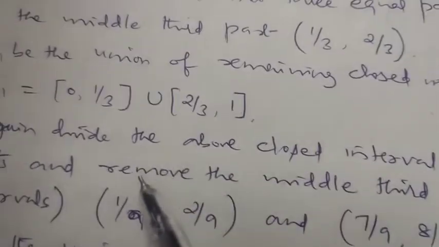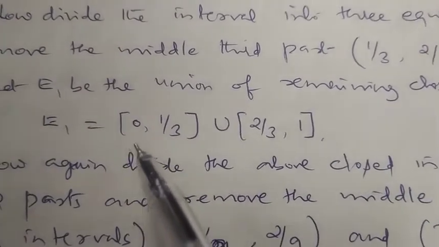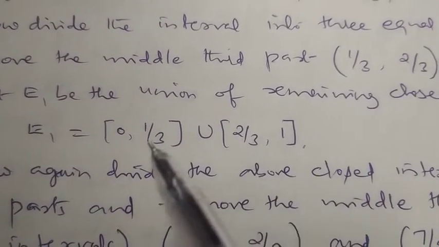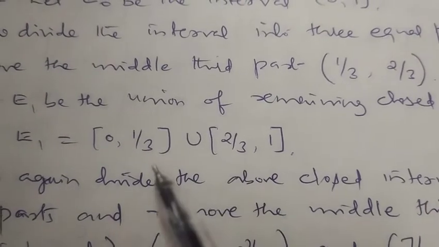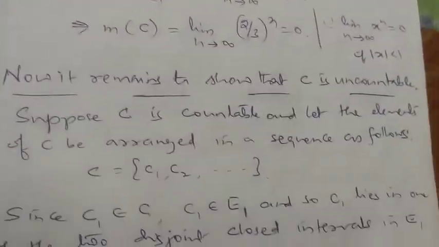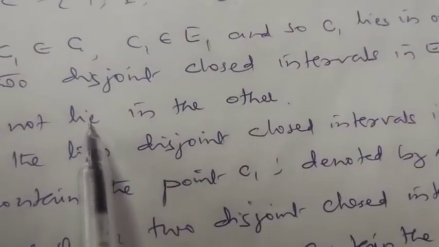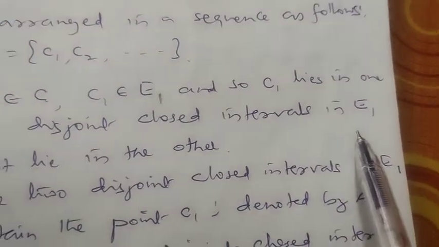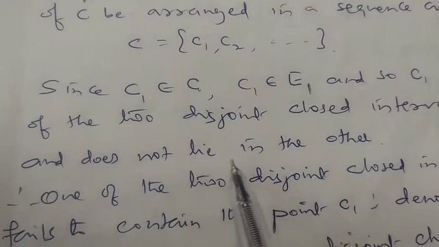Say C1 belongs to E1, which means E1 is the union of two disjoint intervals. There is no element common between these two, so C1 lies in one of the two disjoint closed intervals in E1 and does not lie in the other.